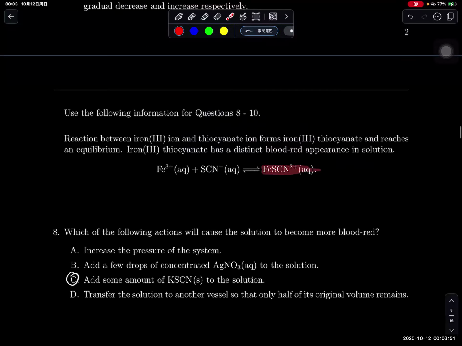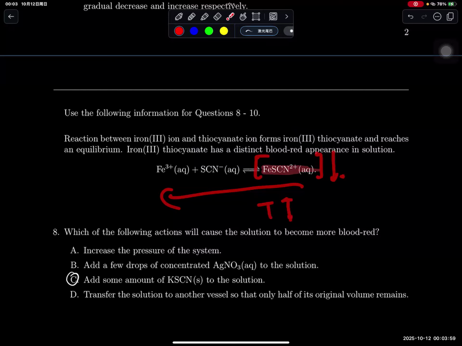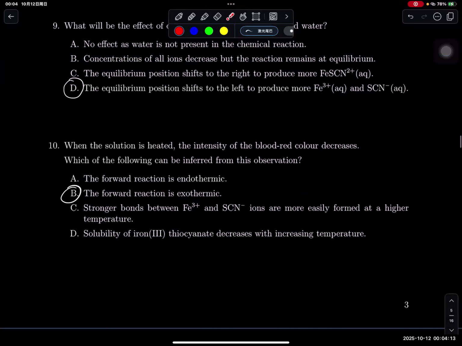That means if you heat the solution, everything goes back, right? You reduce the concentration of that. So temperature is increased, and shifting this way must decrease the temperature by Le Chatelier's principle, which means shifting this way has a delta H that's larger than 0. Which also means that going this way has a delta H of smaller than 0. That means the forward reaction is exothermic. So B is the right answer.